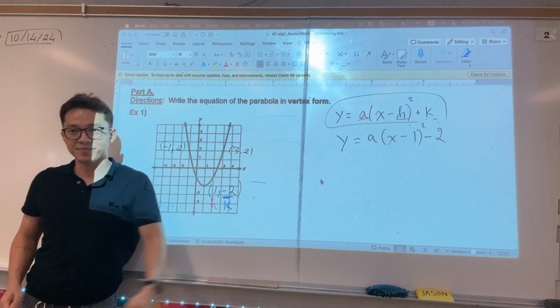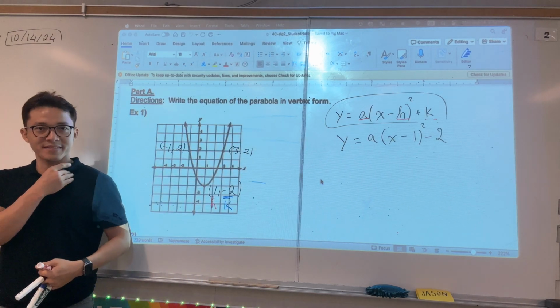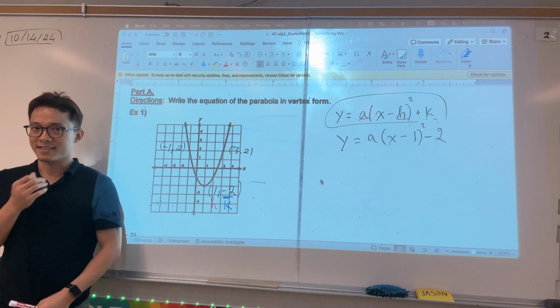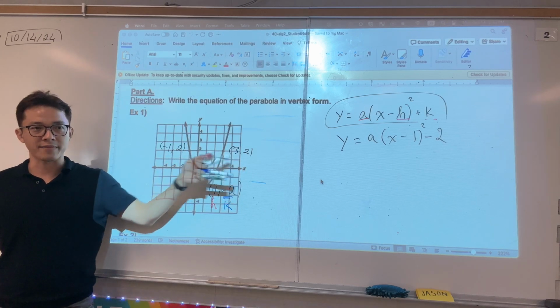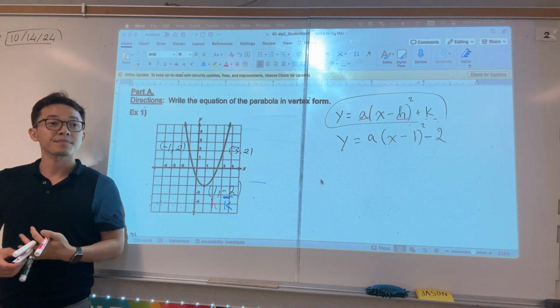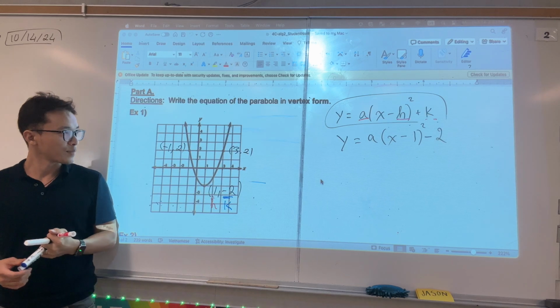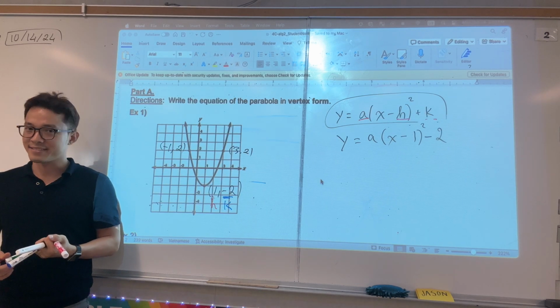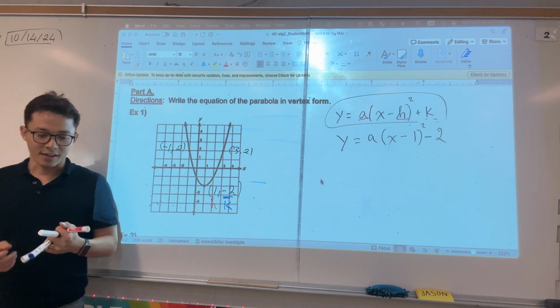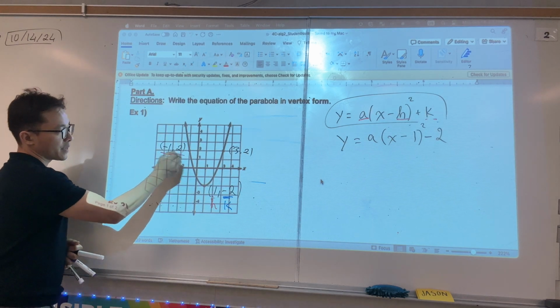Vertex form. We're not going to deal with the standard form. How do we find the a based on the other information we have here but haven't used? Let's say negative 1 and 2. What does it mean?